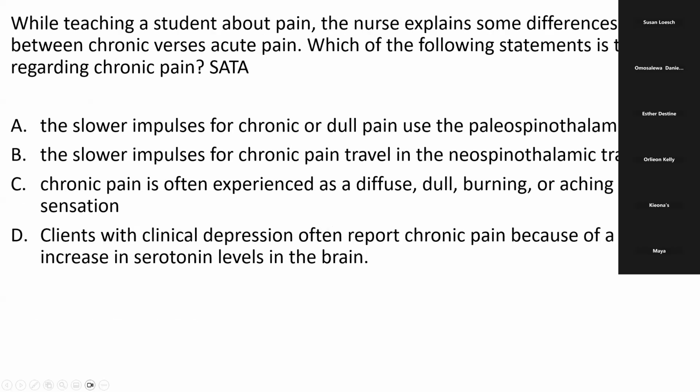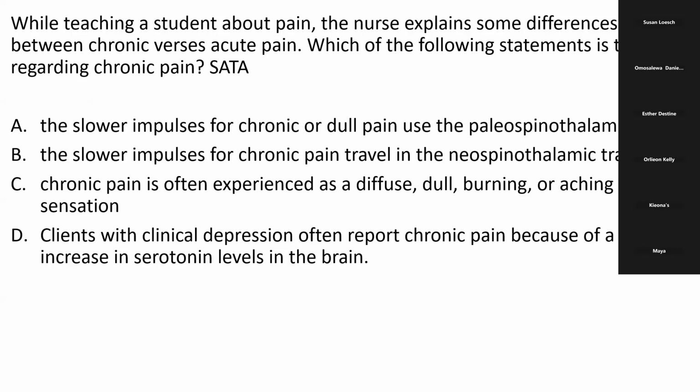While teaching a student about pain, the nurse explains some differences between chronic and acute. Which of the following statements are true regarding chronic pain? A and C. I feel like D too.